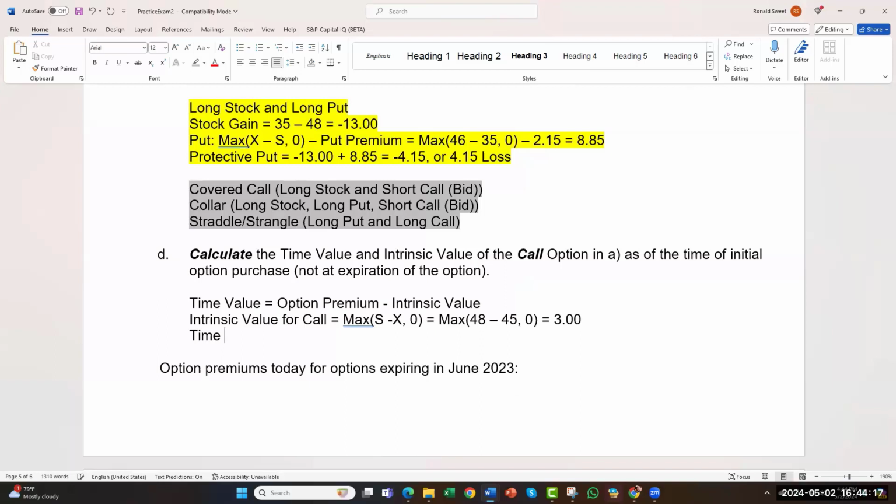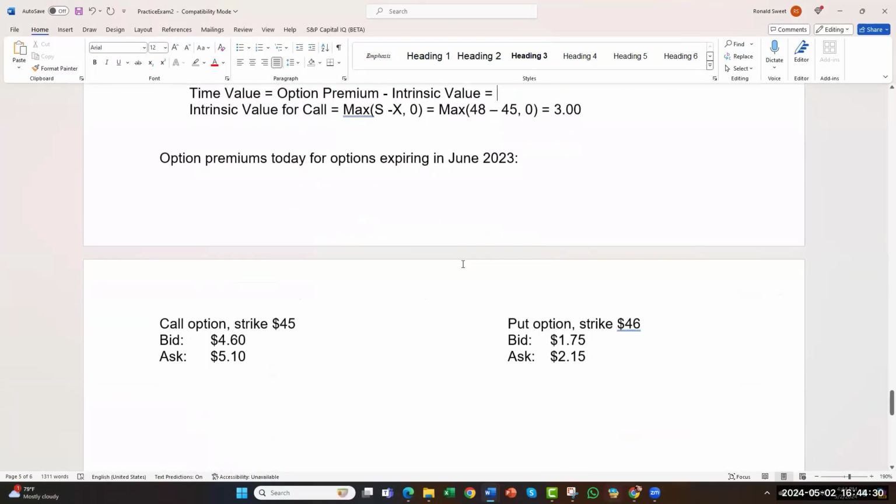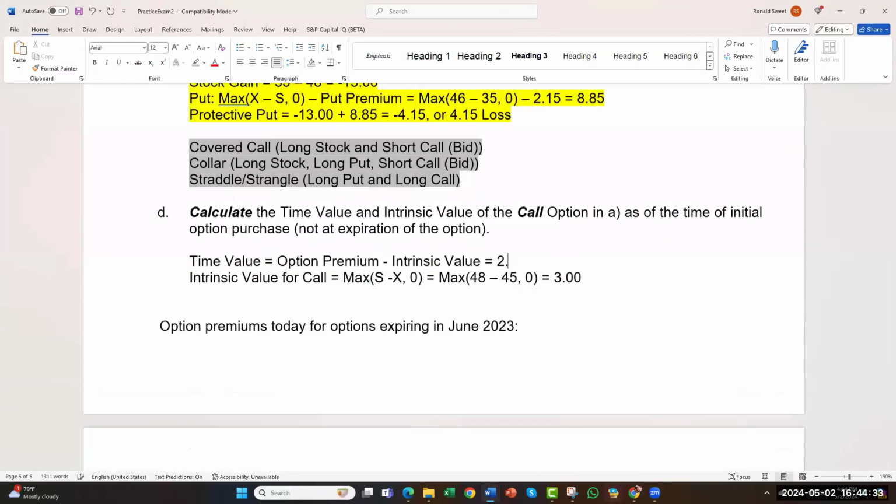So the time value, well, let's do it up here. Time value then is going to equal the option premium, the call option in A. So the call option in A, we're talking about a long call option. So we're going to be using the ask, 2.15. Wow, I did something wrong. What did I do wrong? Oh, that's the put.